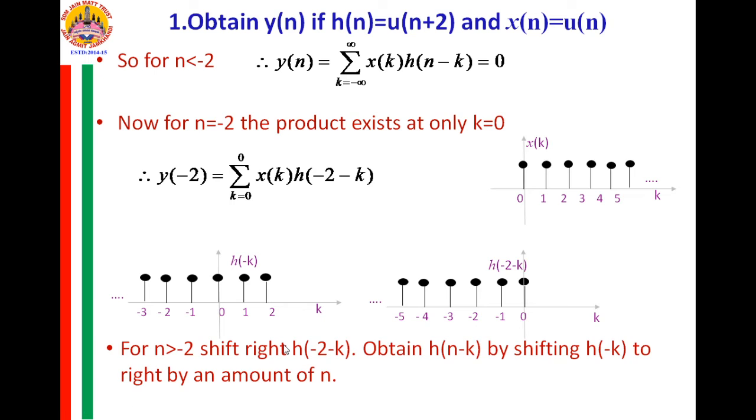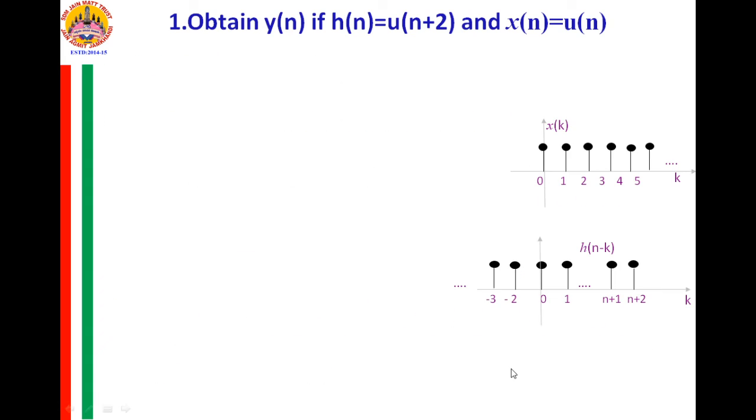So, in general, for n, if you shift this h of minus k by an amount of n to the right side, then how does this overlap exist? If you observe, then the overlap will exist from 0 to n plus 2. So, for 1 it is 0 to 3, for 2 it is 0 to 4. So, in general for n it is from 0 to n plus 2.